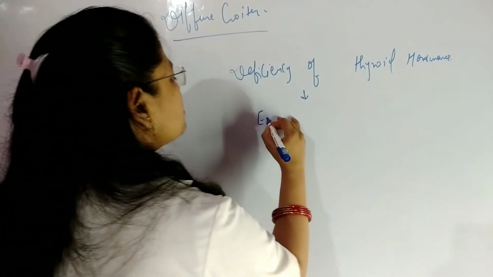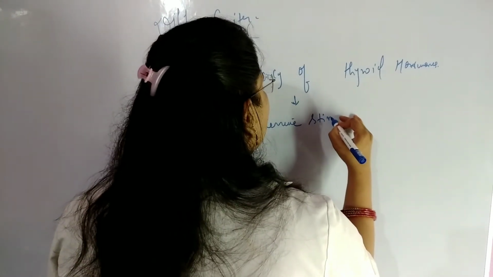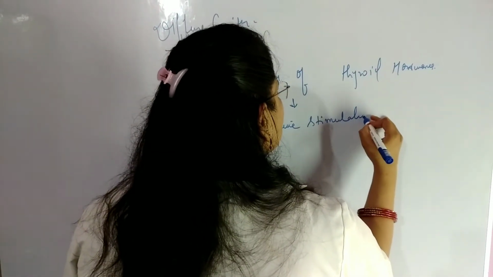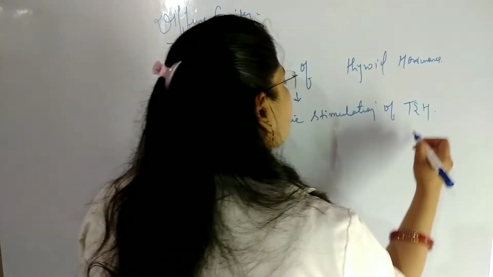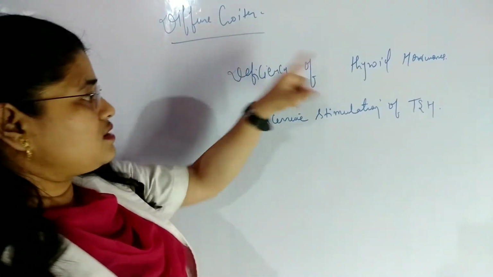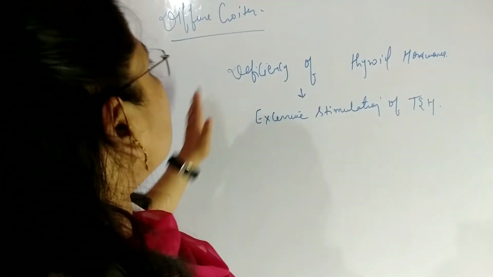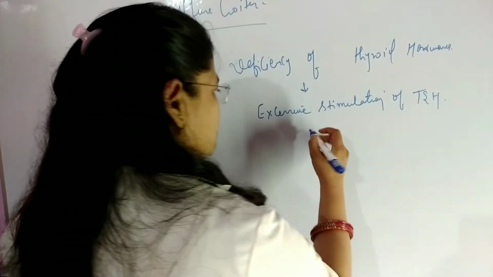So excessive stimulation of TSH is the basic need. These two points make the goiter diffuse.